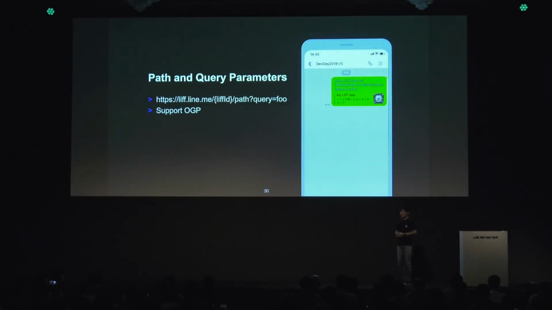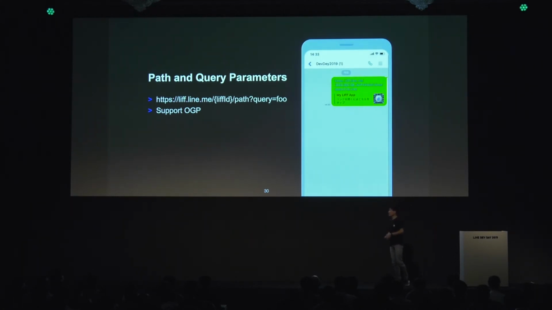Also, using the new HTTPS scheme, query parameters and path parameters can be passed, and it can work as a deep link with LIFF. As I said earlier, the LIFF URL's configured endpoint URL was loaded first, and in order to work as a deep link, the LIFF application had to handle it individually.